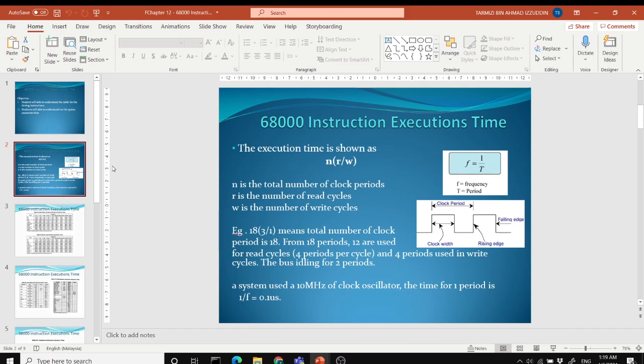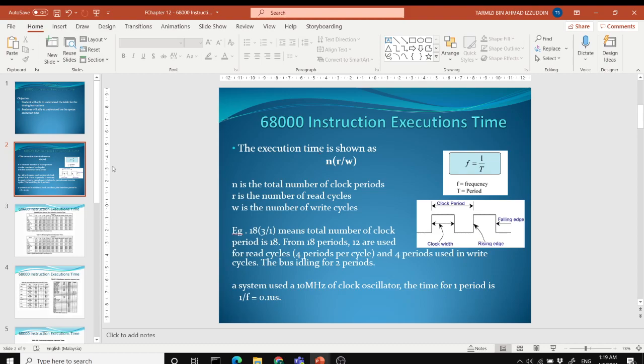Normally it is shown as this notation, n with bracket R/W. So n here is the total number of clock periods, R is the total number of read cycles, and W is the total number of write cycles.